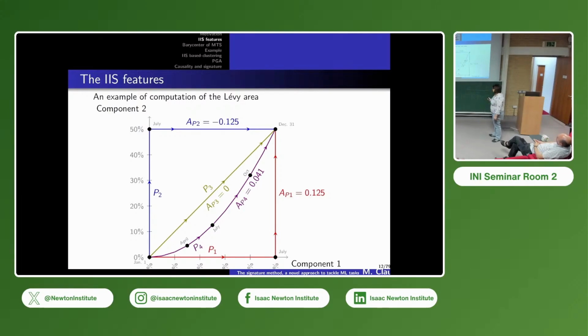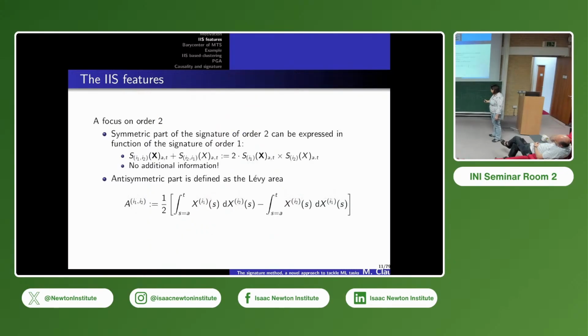And here is the result. A is an area, because here we have this skew symmetric part. It is not exactly the signature. What we remark is that if we go from order 1 to order 2, the only gain of information is in the skew symmetric part of the signature.